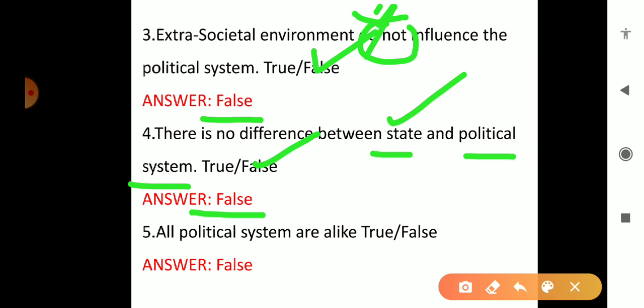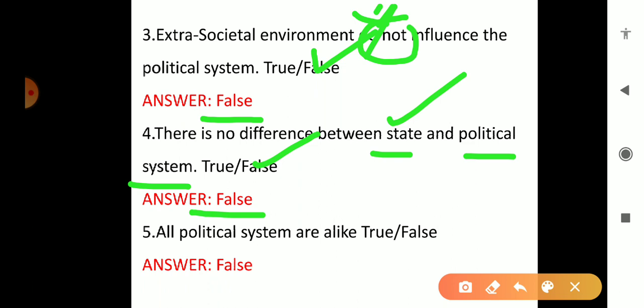The next question is, all political systems are alike, true or false? For example, there is the Indian political system, Pakistani political system, American political system, European political system. All are not the same, though there is a universality of political system. It means everywhere there is some system working, but they are not similar.